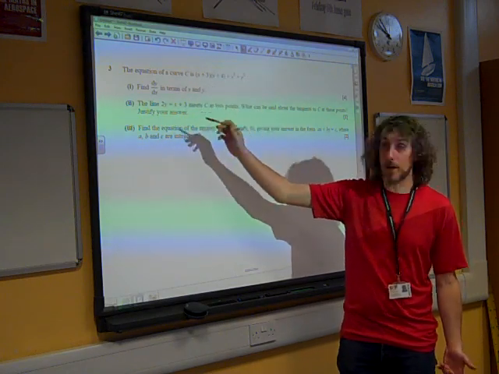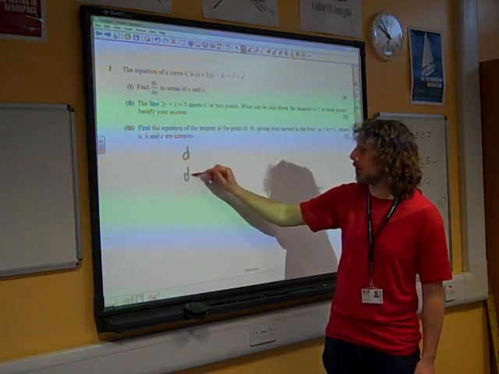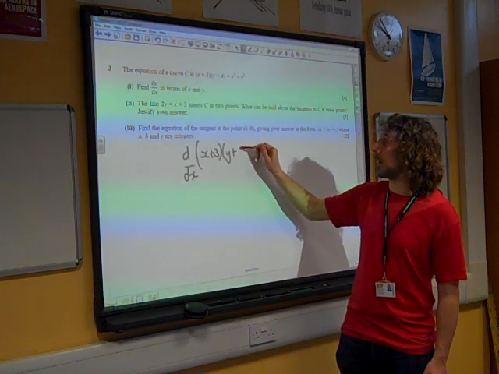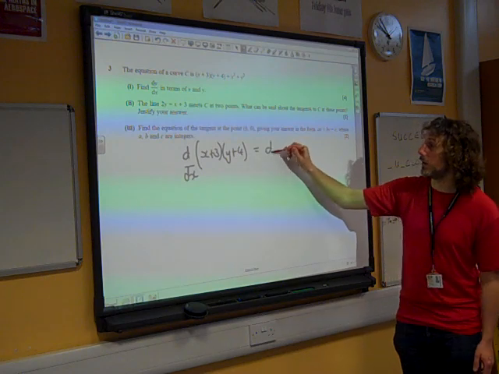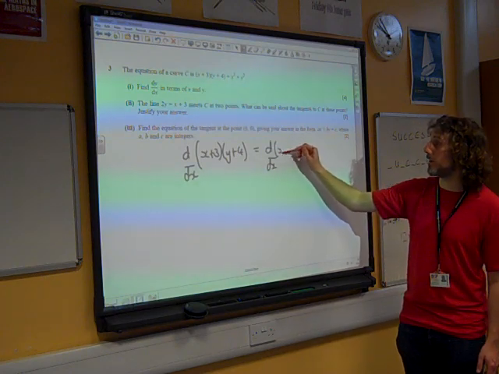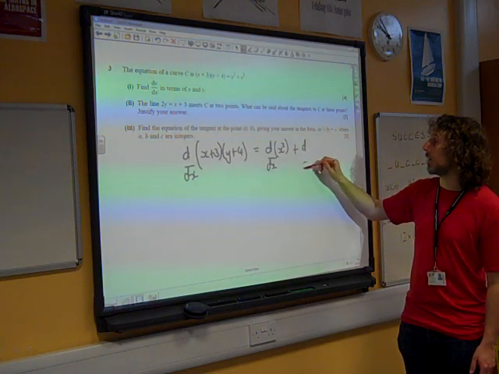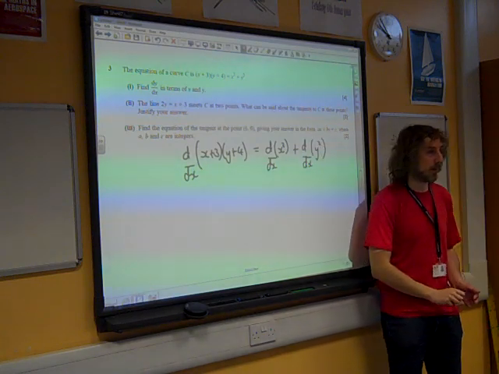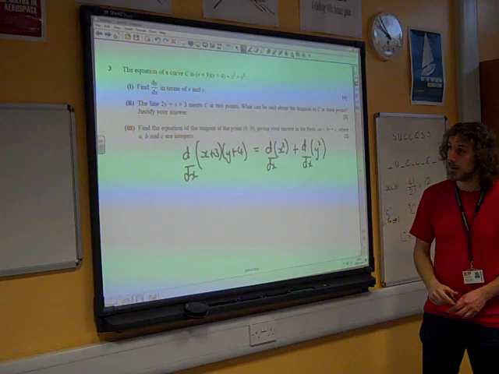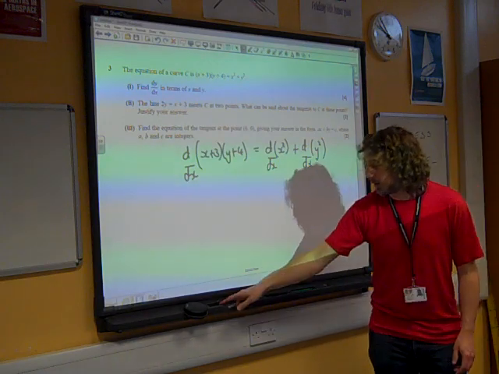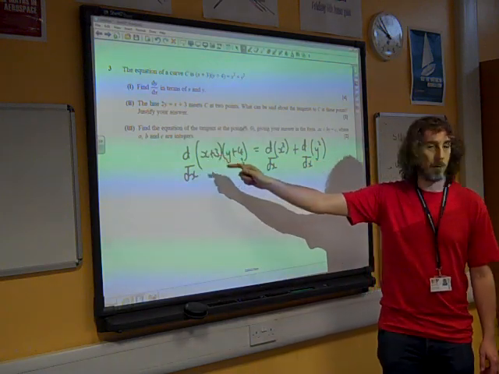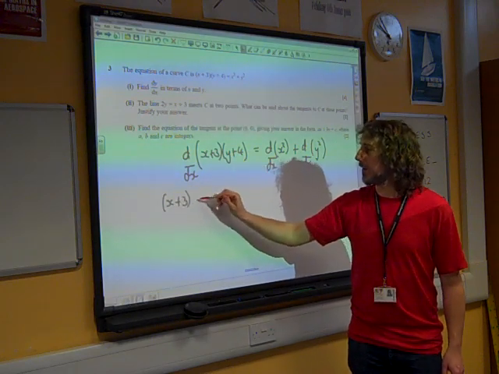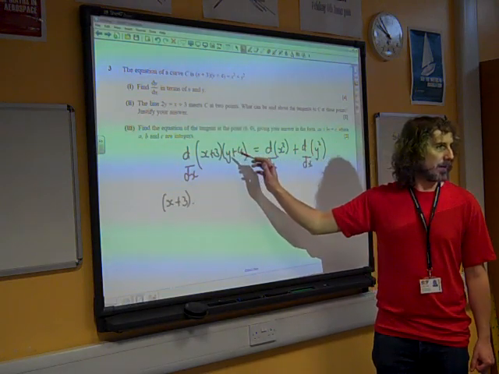I'm being really careful about this, so I'm going to write what I'm doing. I'm going to differentiate the first term with respect to x, equals the derivative of x² with respect to x plus the derivative of y² with respect to x. So differentiating everything with respect to x. Here we have two things multiplied together, so it's the first times the derivative of the second.